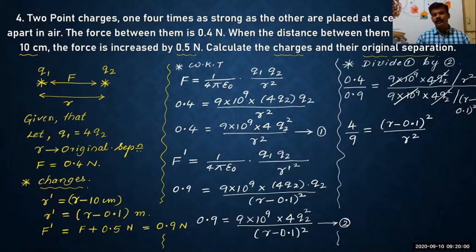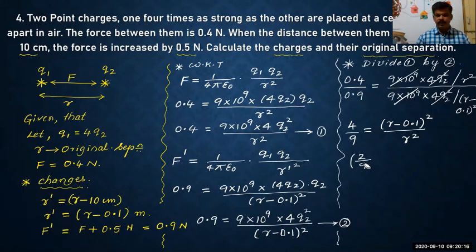Now just recall the trick we learnt in the previous problem, yesterday's problem. Take the whole square on both sides. 4 can be written as 2 square and 9 is written as 3 square, isn't it?